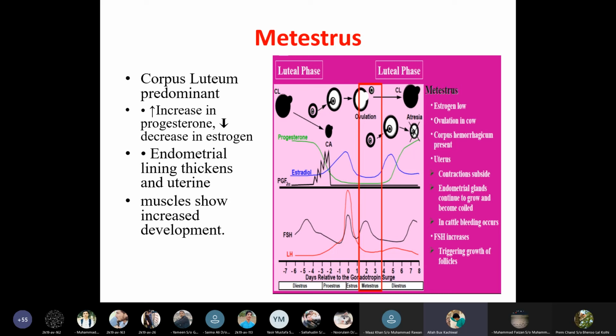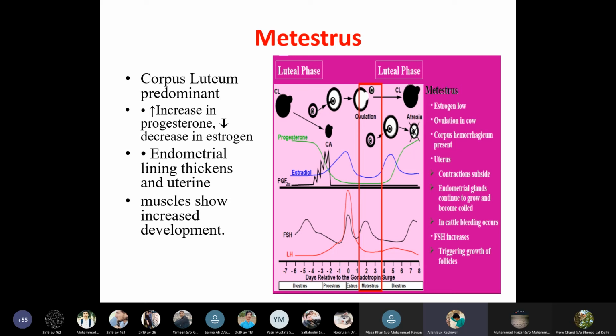And this estrogen will be low whenever the luteal phase starts, and then ovulation takes place, and the corpus hemorrhagicum will be present, the uterine contraction subsides, and endometrial glands continue to grow and become coiled.